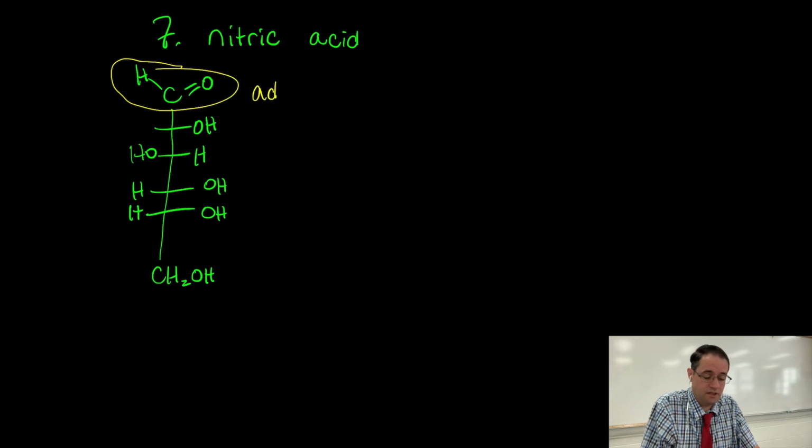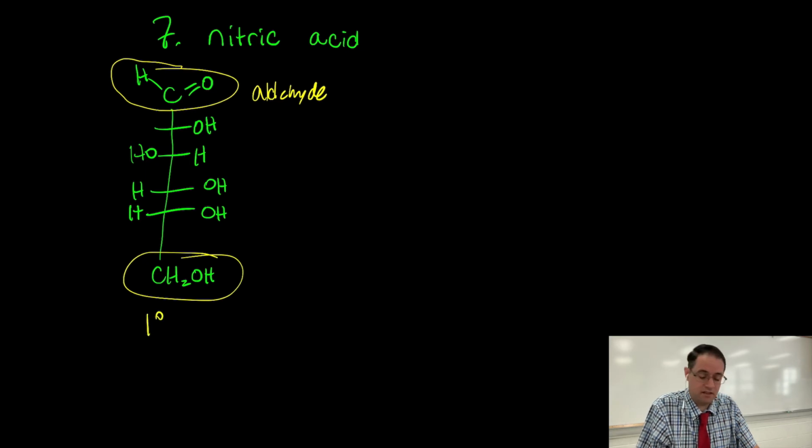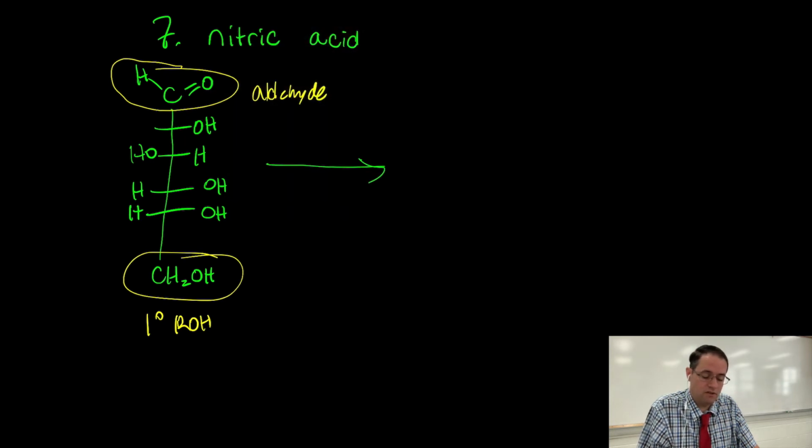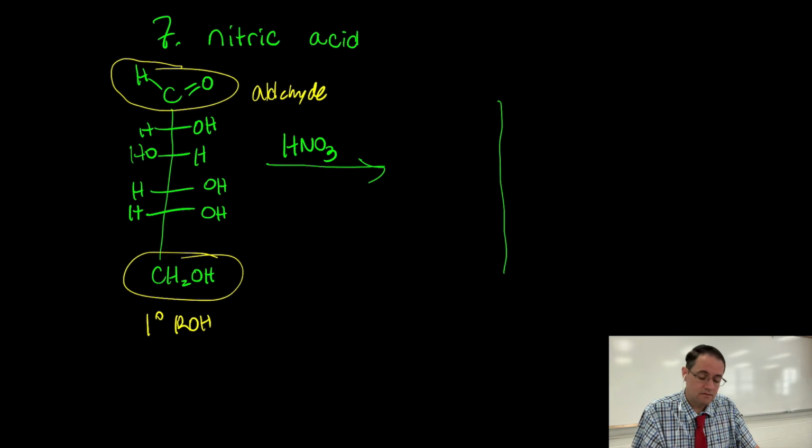Here's your aldehyde functional group, and primary alcohols. This is a primary alcohol. It's less sterically hindered. And of course there's an excess involved. So if we treat this with HNO3, we get a dicarboxylic acid. On the top carbon, carbon 1, we get our carboxylic acid.